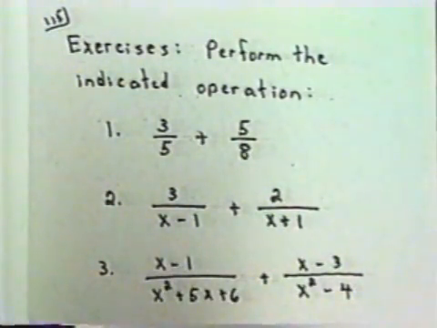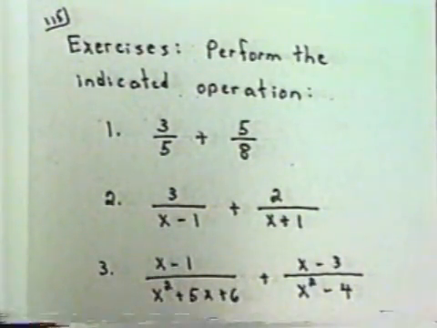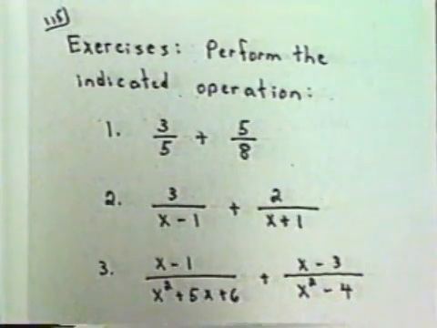Number 3, 3 times x minus 1 divided by x squared plus 5x plus 6 plus x minus 3 divided by x squared minus 4. Once you have copied all 3 problems, stop the tape, work the problems, and then restart the tape to check your answers.